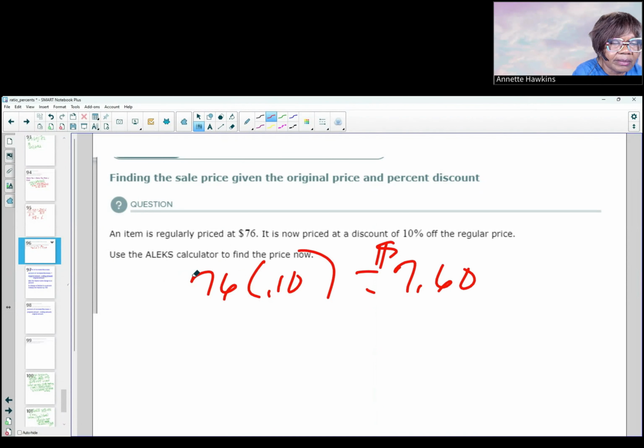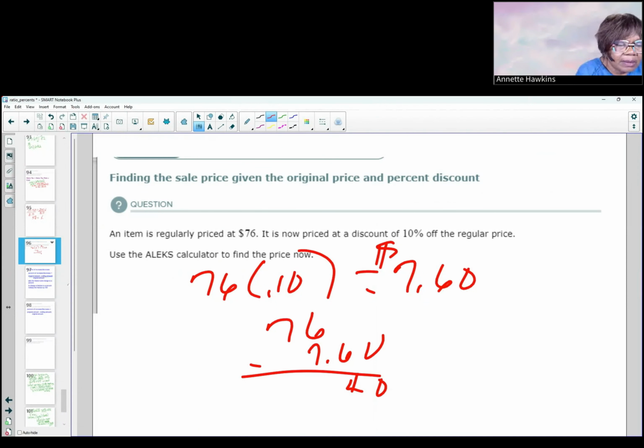Okay. And then we would say 76 subtract 7.60. So we get $68.40. So there's no point in making this difficult. Okay.